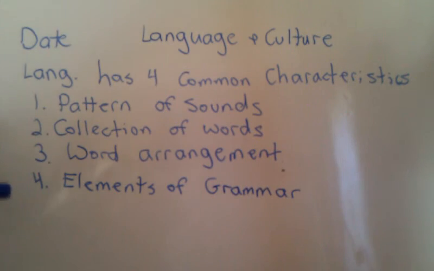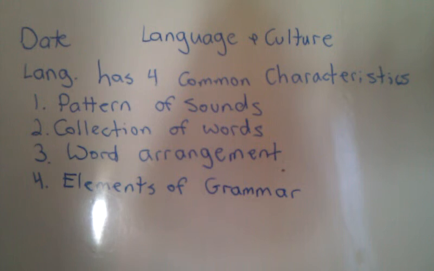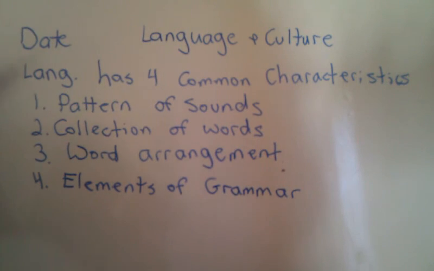We know this. We don't think about it. We just take them for granted. We said that language has 4 common characteristics: a pattern of sounds, a collection of words, word arrangement, and elements of grammar. And if you think about it, if we didn't have sounds, how could we talk? Even if we had sounds, if we didn't have words, how could we talk? Or if the words didn't have to be arranged in a certain order. Okay?